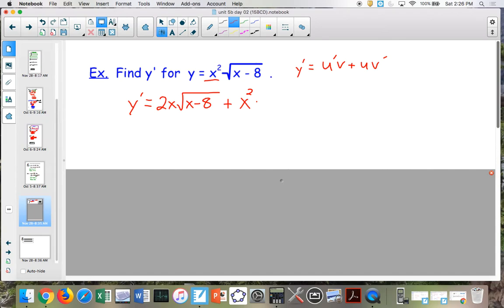Now the derivative of the square root of something, we've done enough of these, so hopefully you realize how I'm coming up with this answer. It's 1/2 times 8 minus x to the negative 1/2 power, which I'll write as that fraction. So final answer, there's really not a lot we can do to simplify this. So I'm going to write it as this.